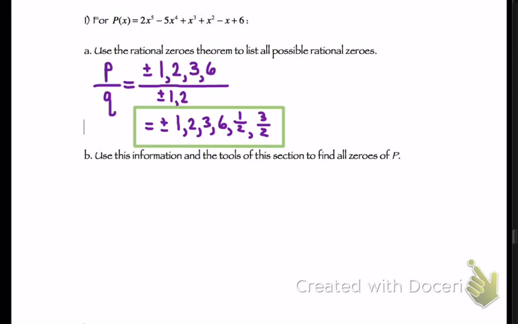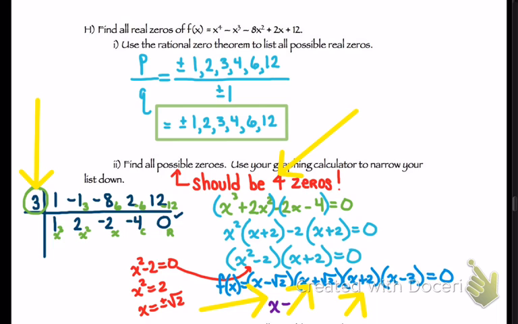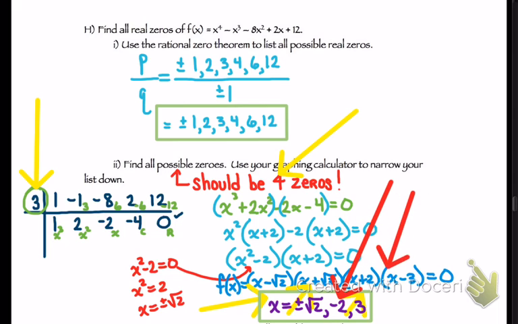Okay, so let's go back for a second. Watch this. Remember, we talked about those are only your rational zeros. Let's go back to this one here. Here's something I want you to notice. I'm even going to put it in red. Notice that the negative 2 and the positive 3 were all in this list.